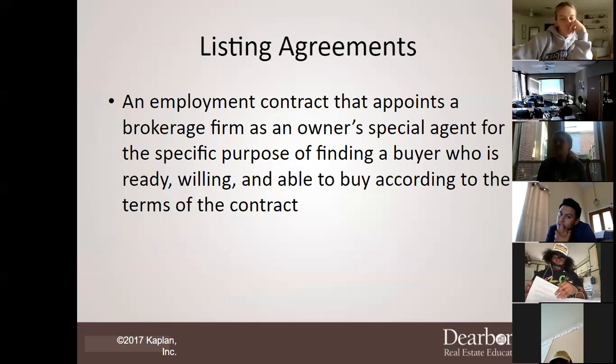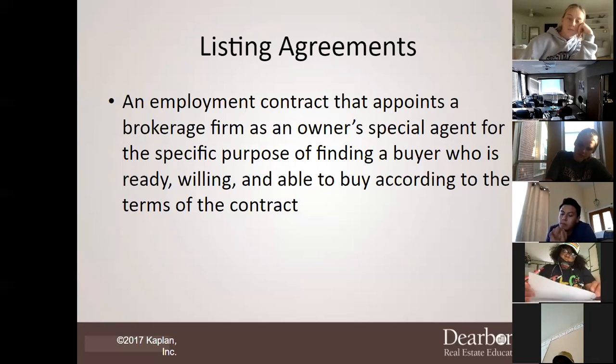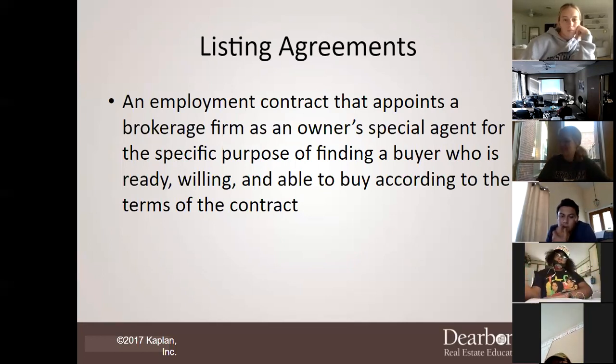Listing agreements, now let's go into a little bit more detail. It's an employment contract that appoints a brokerage firm as an owner's special agent for the specific purpose of finding a buyer who is ready, willing, and able. That's key right there, ready, willing, and able. You will likely see that on the test as well.